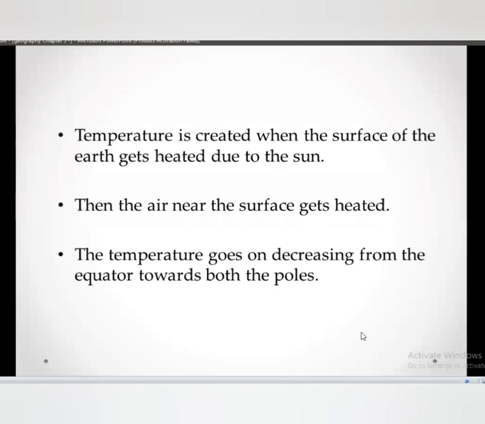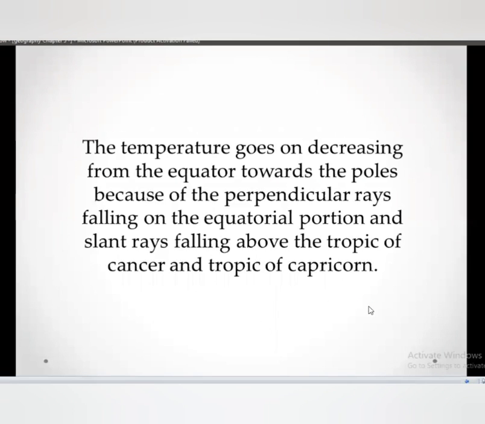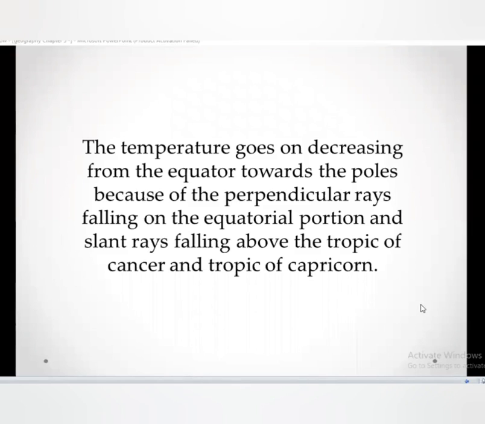Understanding in detail, the temperature decreases from the equator towards both the poles because of the perpendicular rays falling on the equatorial portion and slant rays falling above the Tropic of Cancer and Tropic of Capricorn.